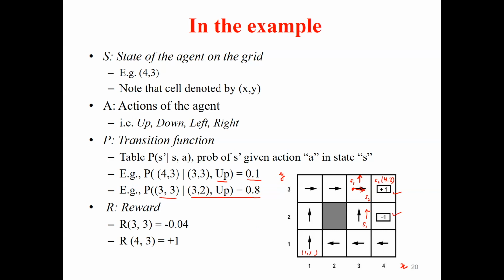If you land in these states, then the reward would be +1 and -1. Otherwise, being in any non-final state, the reward is supposed to be a small negative value, which has been given here as -0.04. We can decide this depending upon what situation we are in and what kind of problem we are trying to solve. We'll look into the reward aspect a little later.